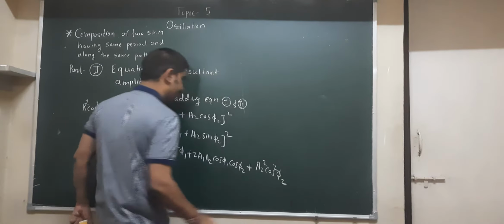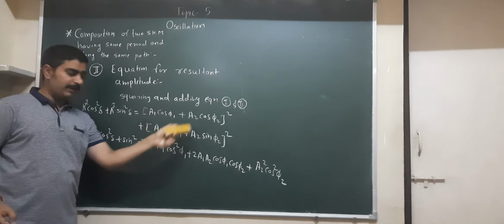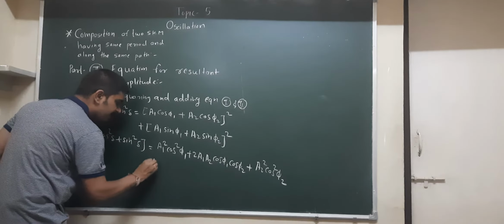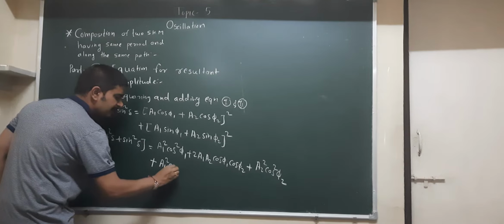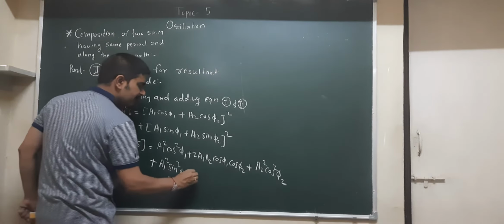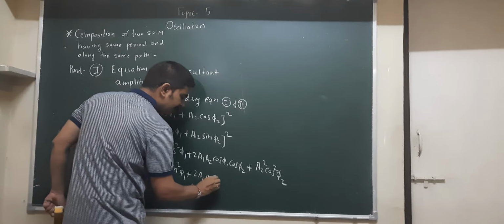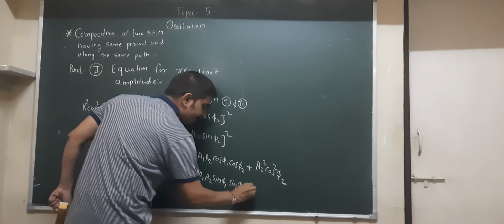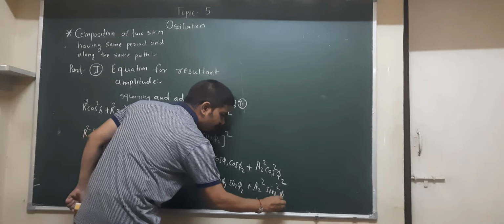Plus for the second bracket: a1 square sin square phi 1 plus twice a1 a2 sin phi 1 sin phi 2 plus a2 square sin square phi 2.